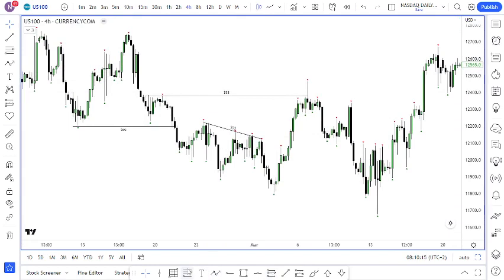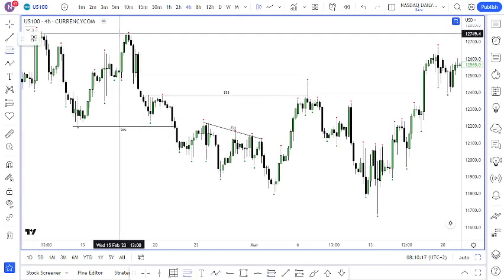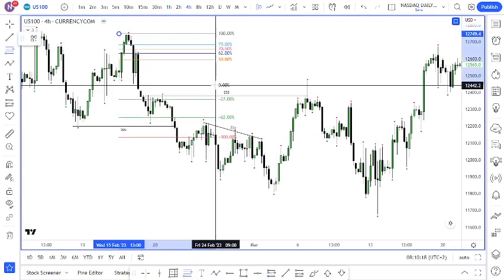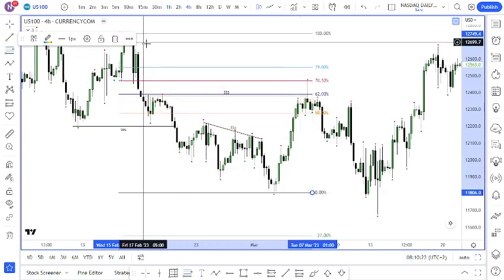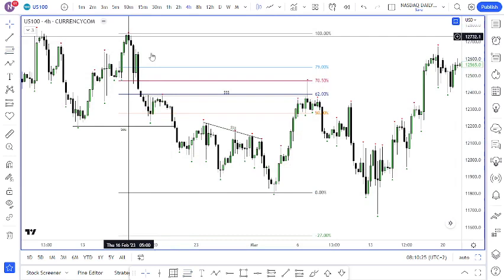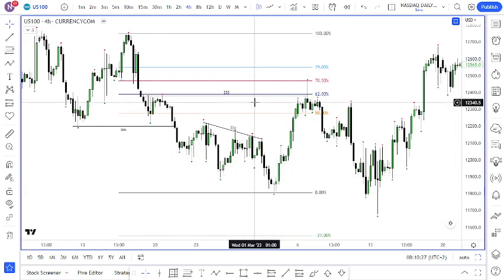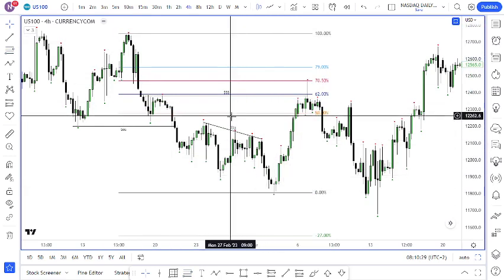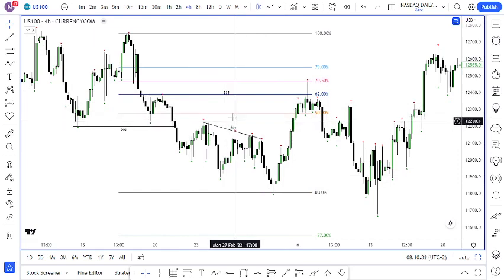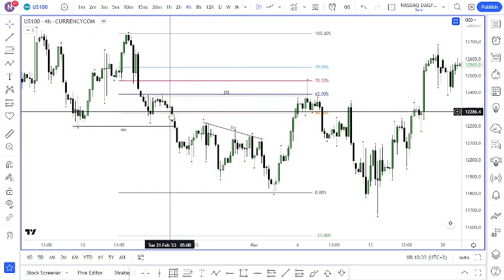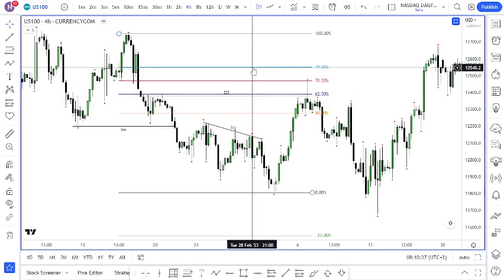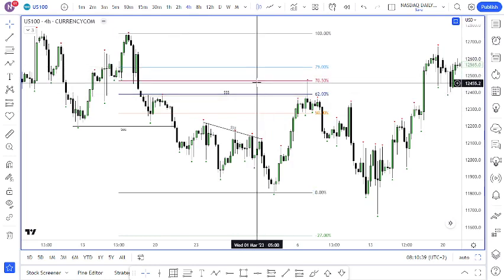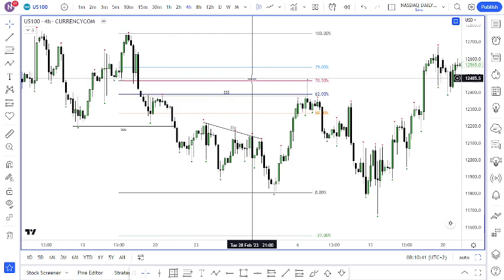If we get the fib out again, just to look at where our inducements are located. So the fib is taken from this high to this low. You'll see 50% here, so this is just above the first inducement, basically in the middle of this point of interest. But here we have the 61 to the 78% over here, and then the midpoint of that is here around the 70%.